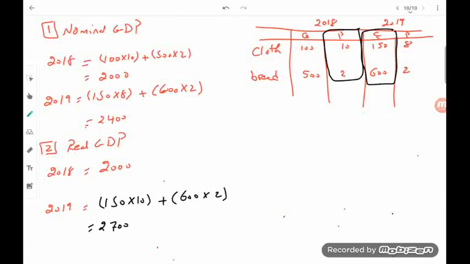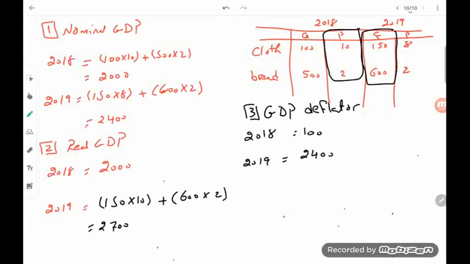Now we have to calculate GDP deflator in both cases and economic growth rate for year 2019. So for year 2018, without any calculation, it will be 100. And for year 2019, it's nominal GDP, which is 2,400, divided by real GDP, which is 2,700, multiplied by 100.